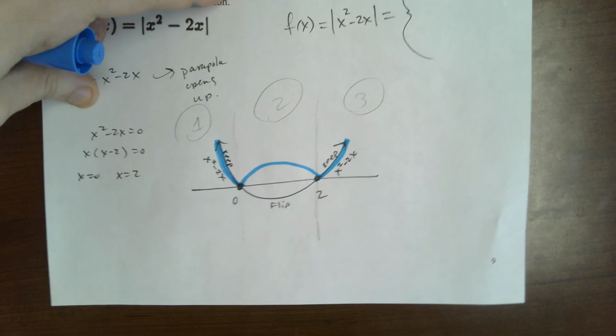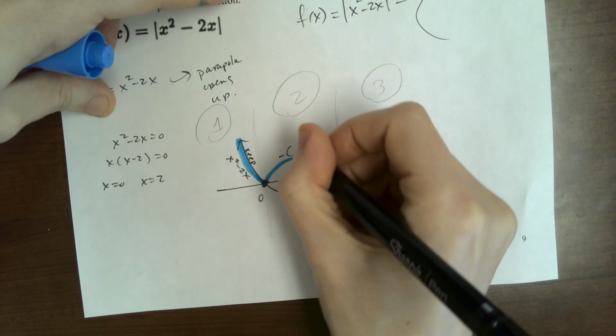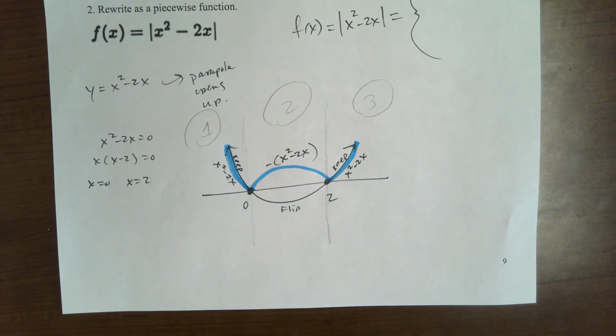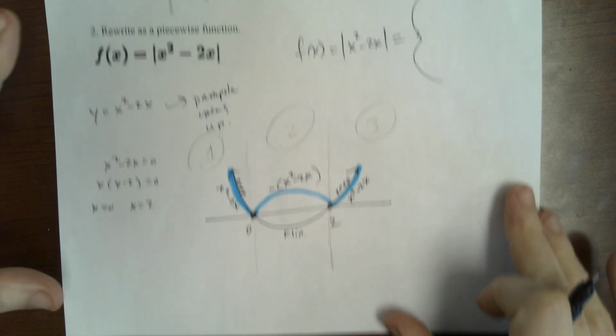And then the middle that you flipped is going to be the reflection of that parabola. You reflect by putting a negative out front. Okay, so we see those 3 pieces.